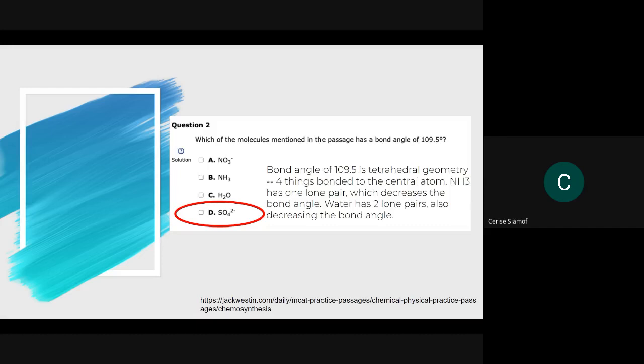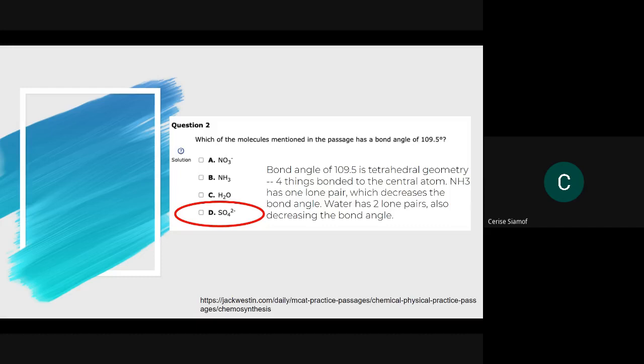There are 2 other answers you could consider here outside of SO4, which are NH3 and H2O. NH3 has 3 hydrogens, but it has a lone pair of electrons, and water has 2 hydrogens and 2 lone pairs. They both have 4 things situated around that central atom.